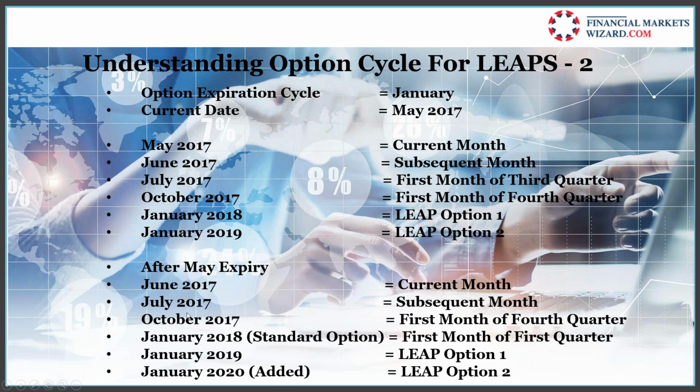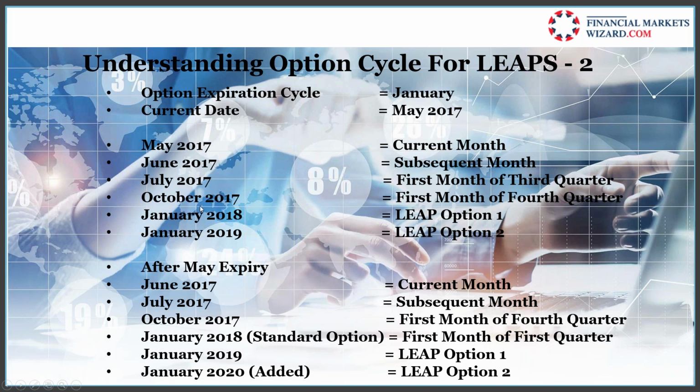July becomes the subsequent month, right? We know that. July was the first month, and July will become the subsequent month. October is the first month of the fourth quarter, so it is already listed.